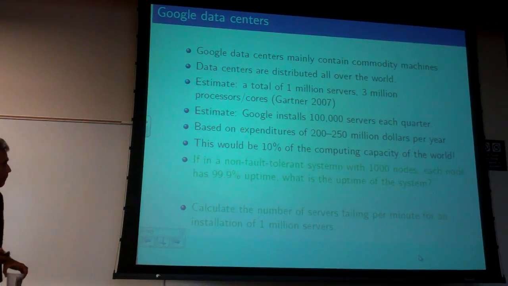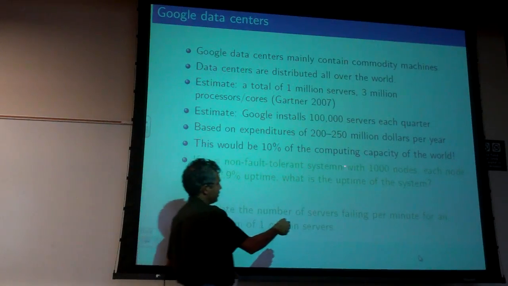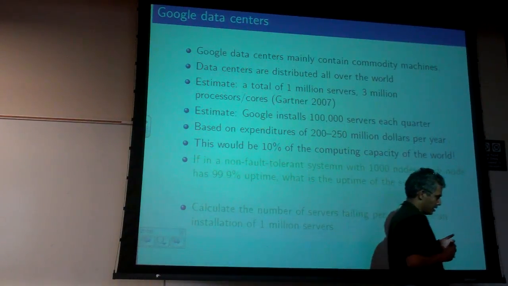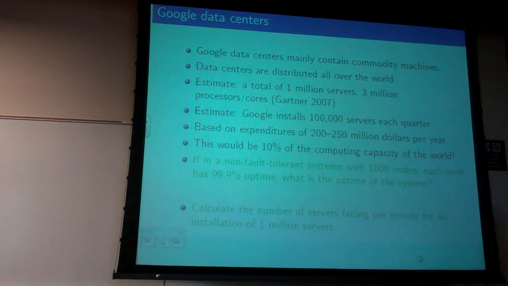The other interesting reason for this kind of computational architecture is that fault tolerant systems are very hard to get. If you have 99% uptime and you have about 1,000 nodes, then your actual uptime is only 63%.